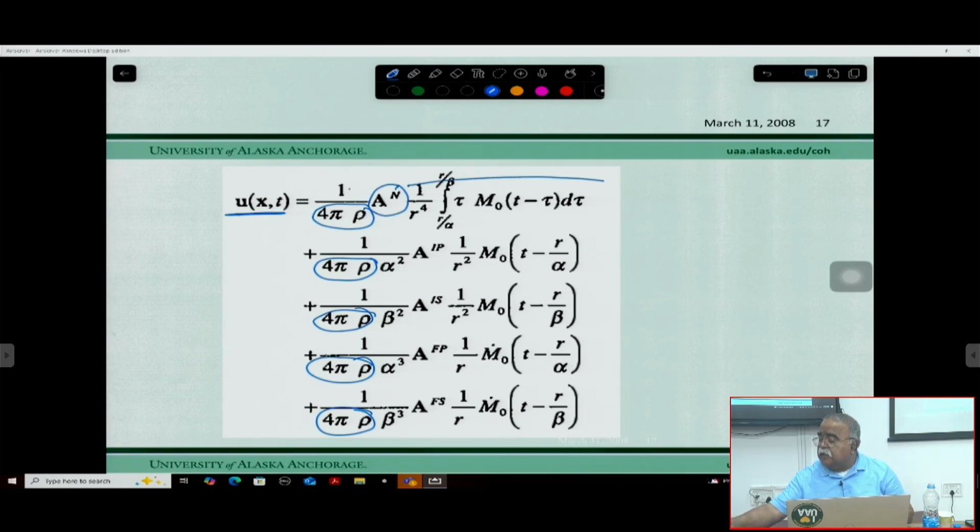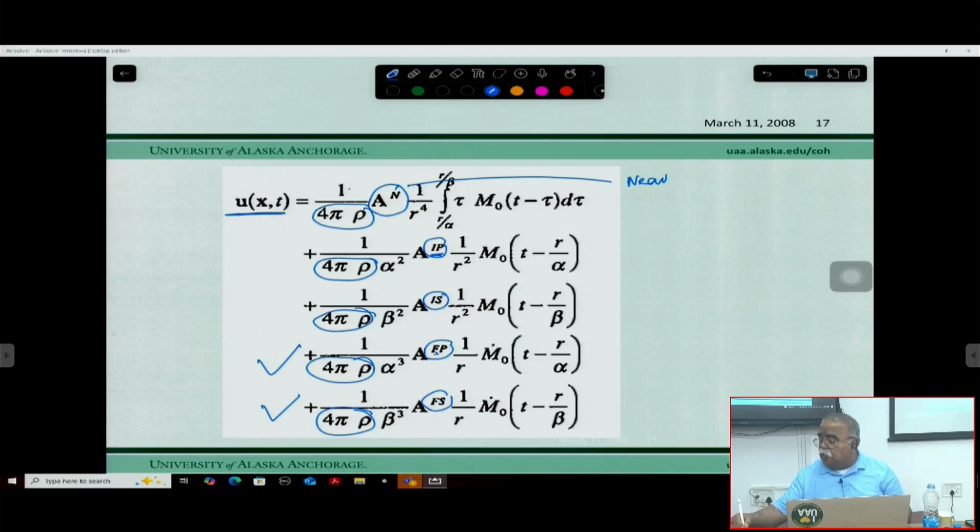This is for the near source effect, and then this is the intermediate P wave. If the distance is intermediate, then this is the intermediate P wave, this is the intermediate S wave, this is the far field of P wave, and this is your far field of S wave, right? So this is actually what we have done. These two we have calculated.